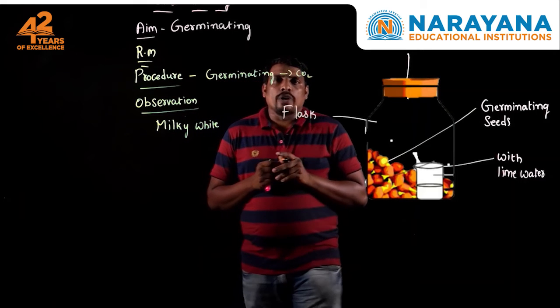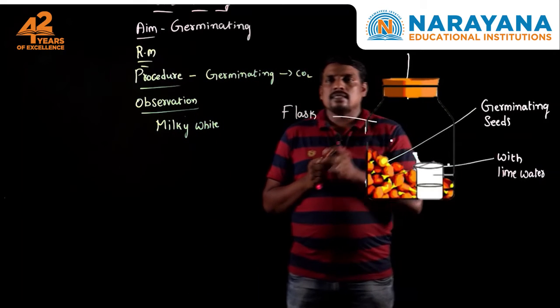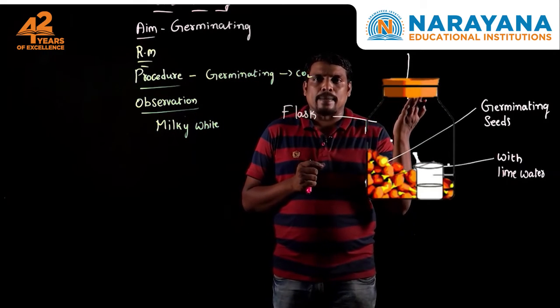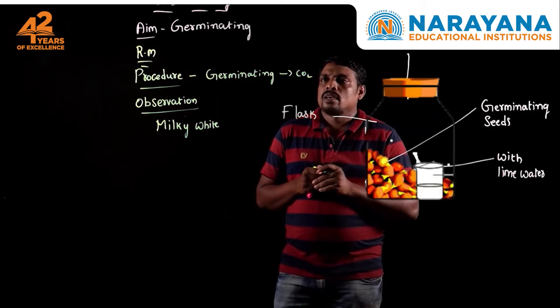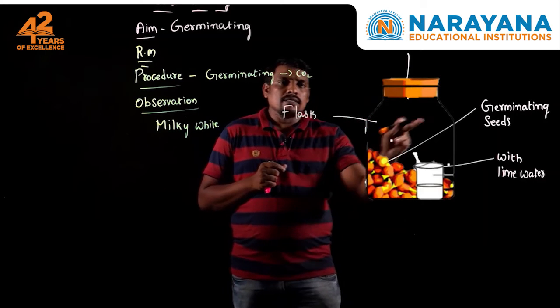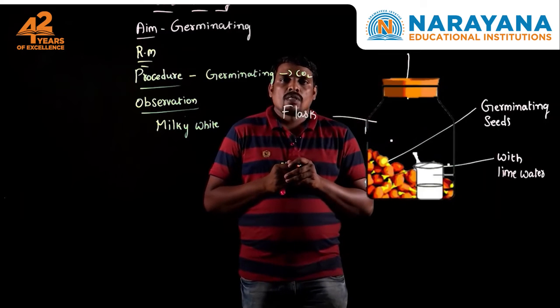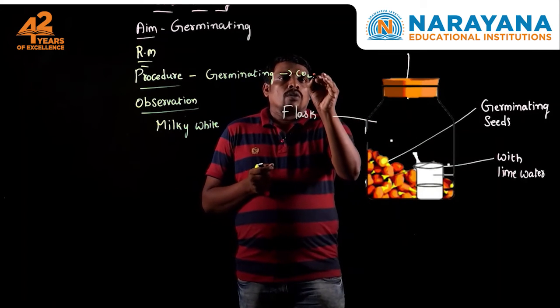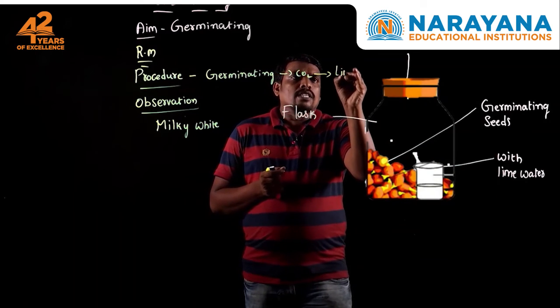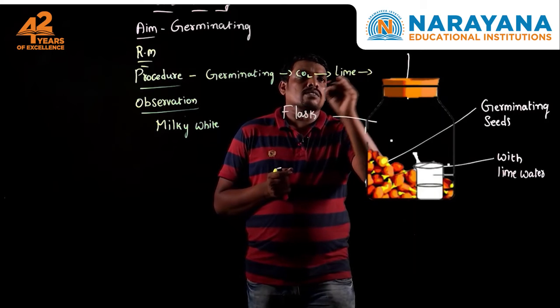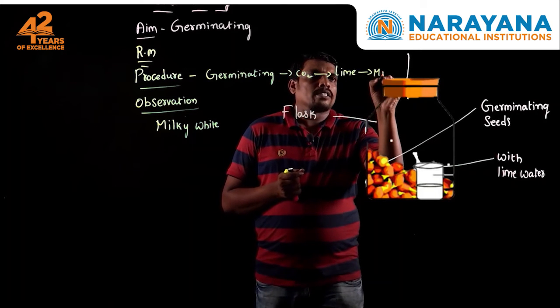As we have closed the flask with the lid, the carbon dioxide could not escape from the flask. The produced carbon dioxide reacted with the lime water kept in the small beaker. As you know, when carbon dioxide reacts with lime water, the lime water turns into a milky white precipitate.